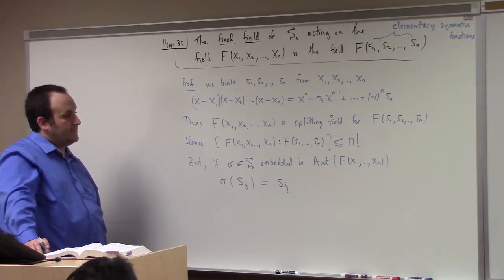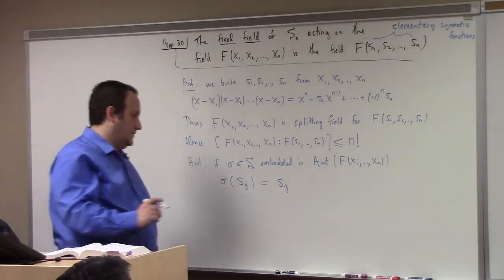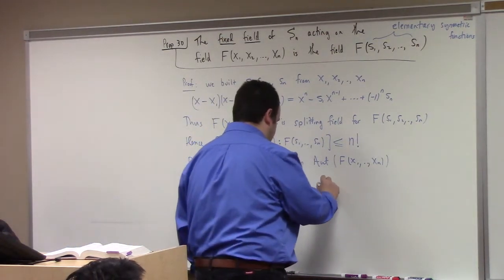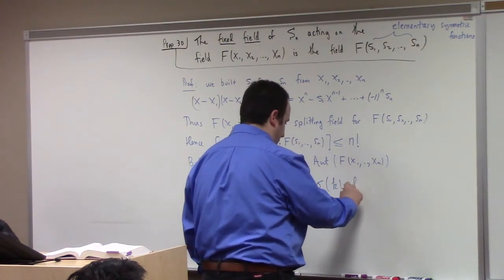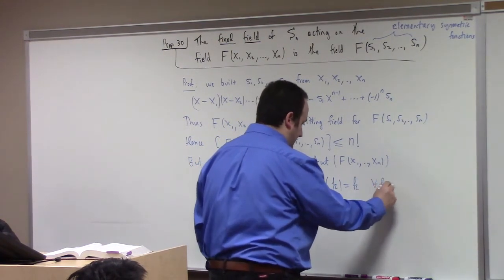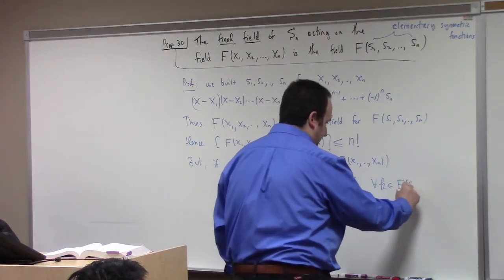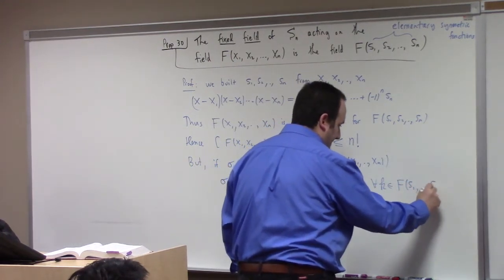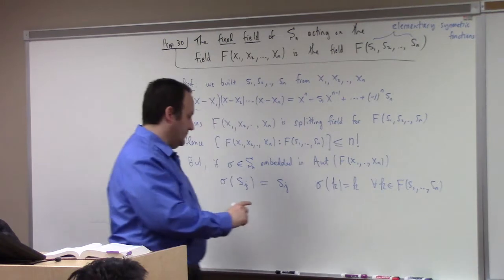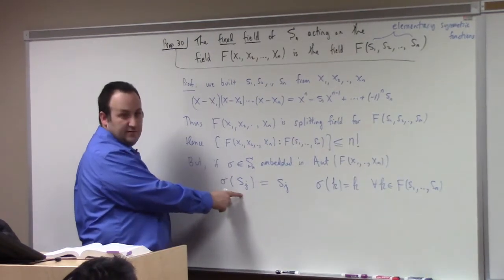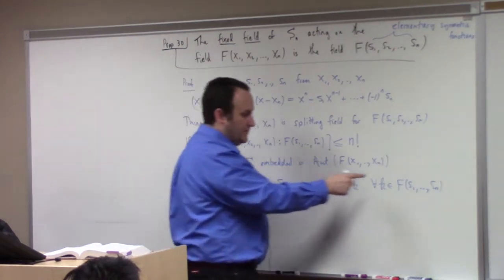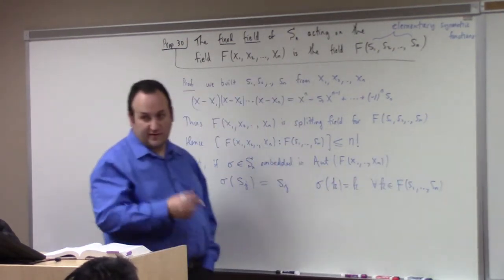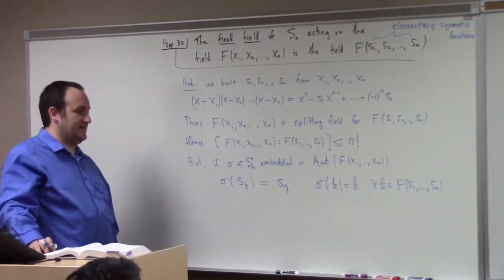Because we know the embedding of Sn fixes F, we need that sigma of k is equal to k for all k in F adjoin the elementary symmetric functions. And if we know that this is true, then it's clear that it fixes all of the generators over F, the adjoined elements, as you're saying, and hence it's in the fixed field.